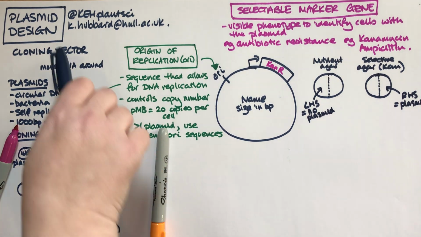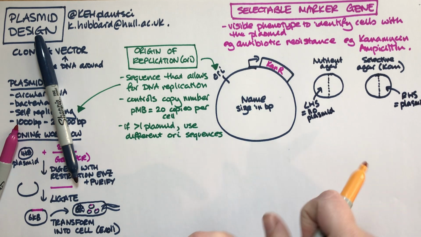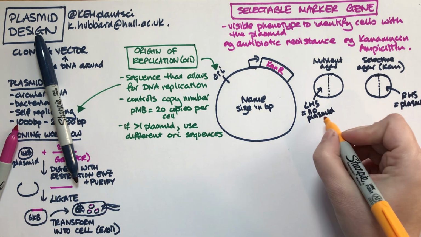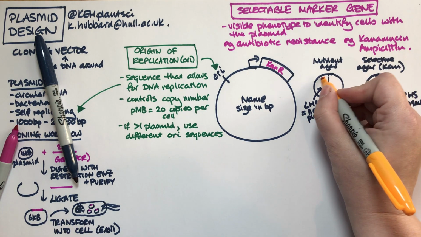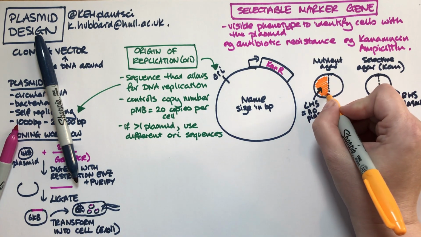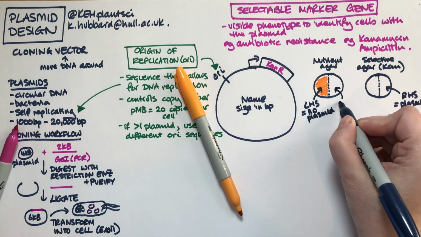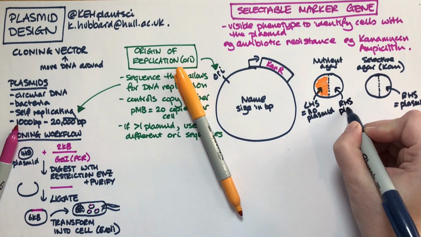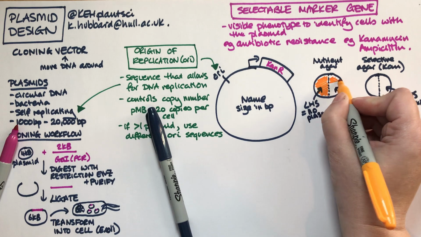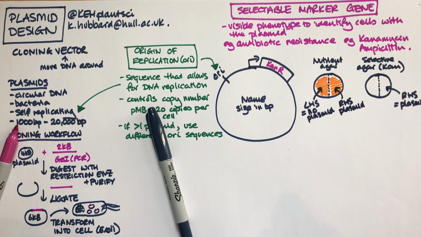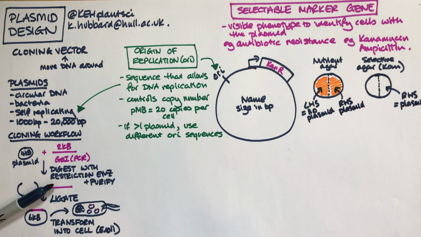So if we plate our cells, we do the transformation reaction, but we don't actually give them any plasmid, and put them on normal agar, then those cells will be able to grow absolutely fine. And the ones on the right, which have the plasmid, will also grow absolutely fine. So both are perfectly viable cells.